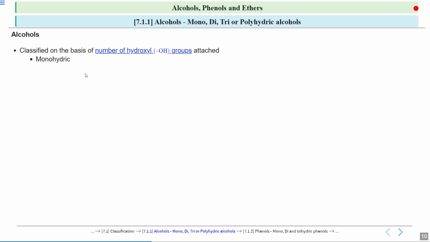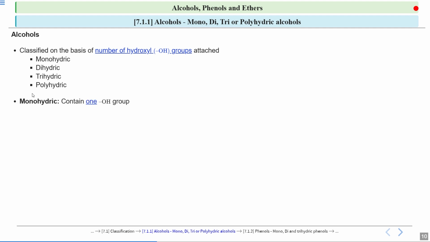Mono means single, and hydric, as the name says, hydrogen. The other one is dihydric, di means two, and the next is trihydric, tri means three, and the fourth one is polyhydric. Poly means more than three, you can consider. Poly means so many.